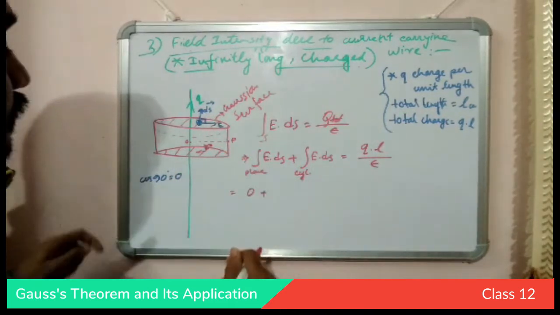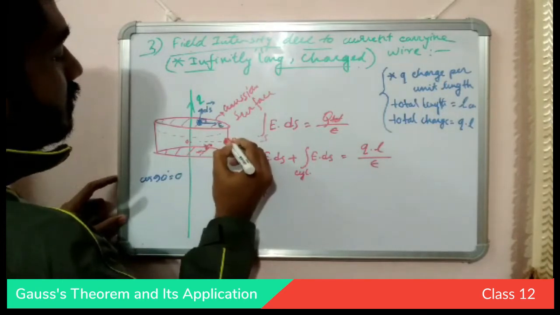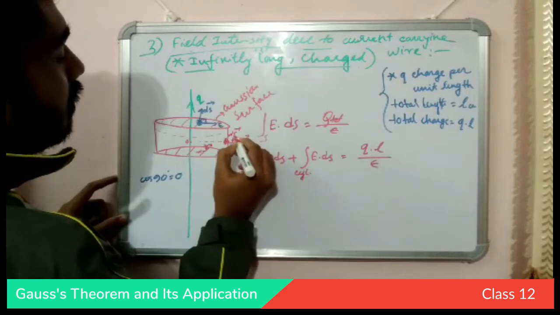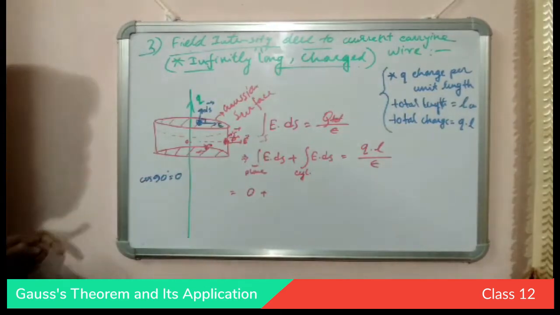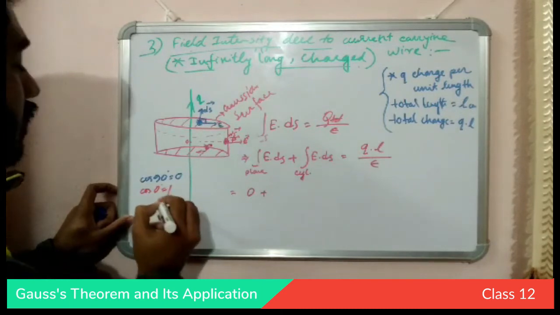Only this term will remain, that is the cylindrical part, because ds and E are both parallel. So cos 0 degree is 1.